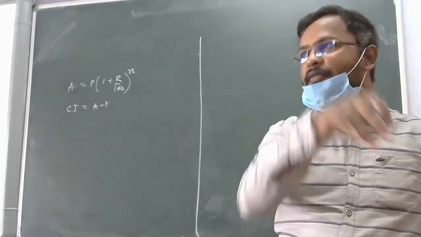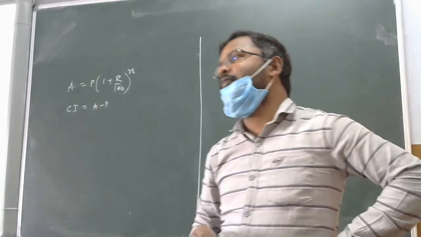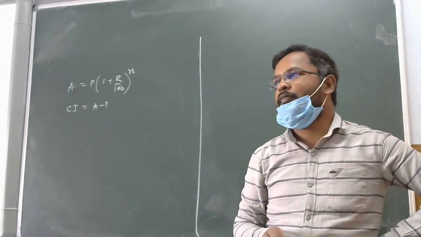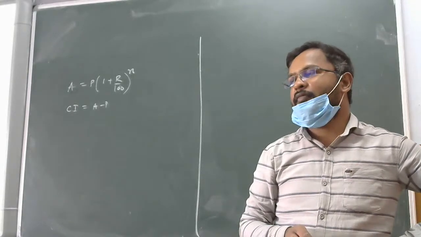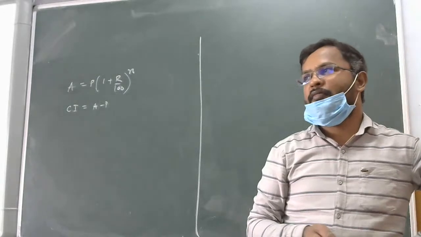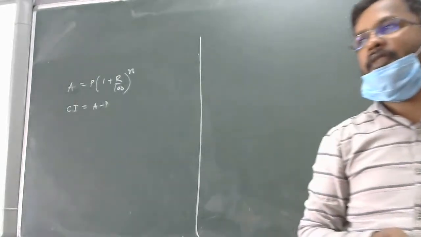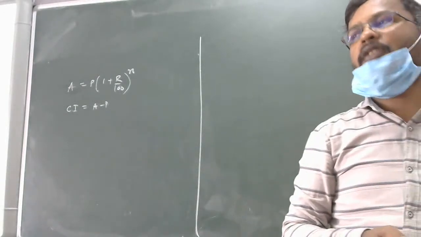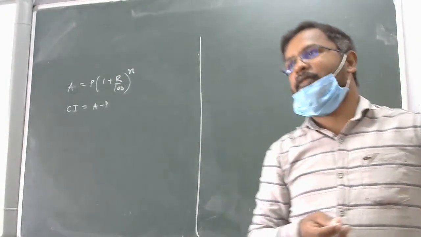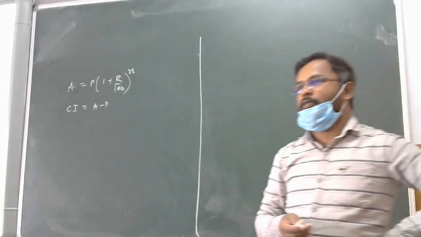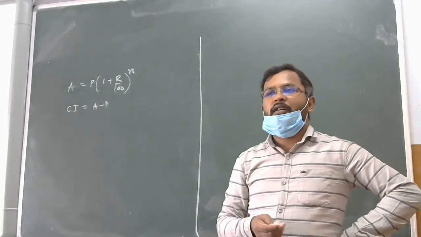So for example, first year interest I got, if for 100 rupees I got 10% interest, so 110. After next year also I will take the principal amount as 110 only. In compound interest it gets multiplied and multiplied every time. In simple interest we do it only one time.